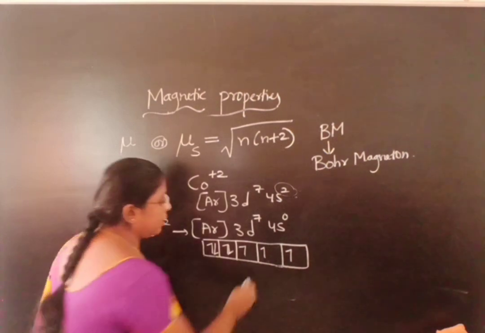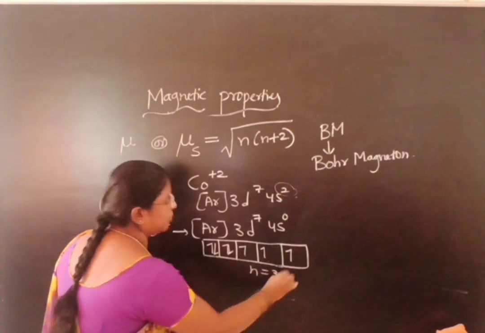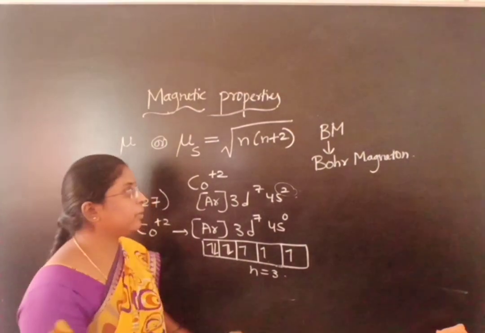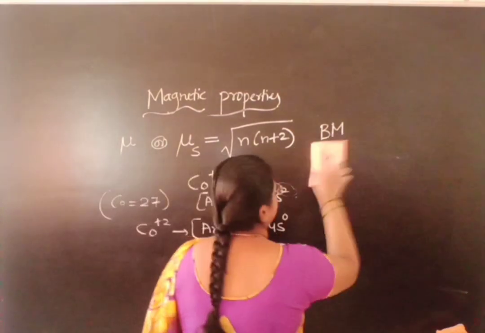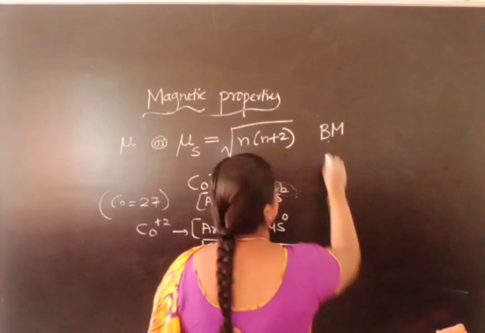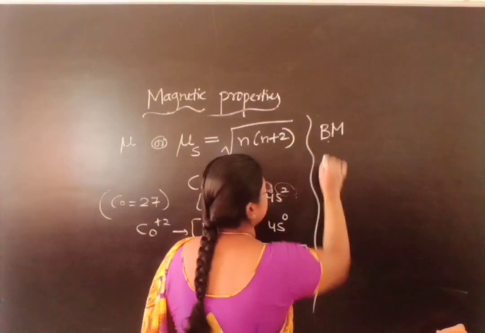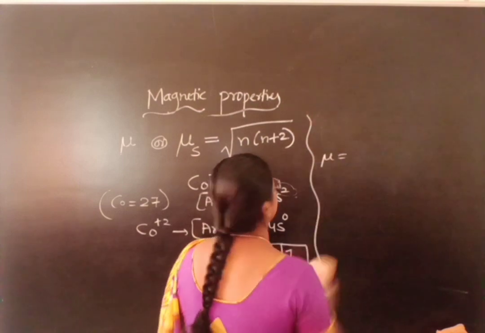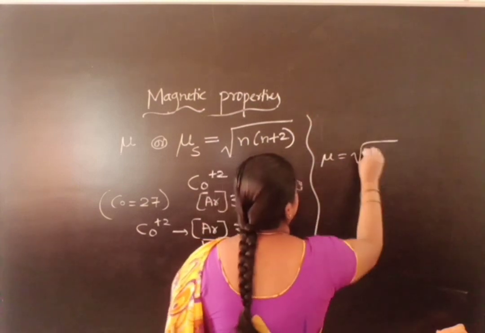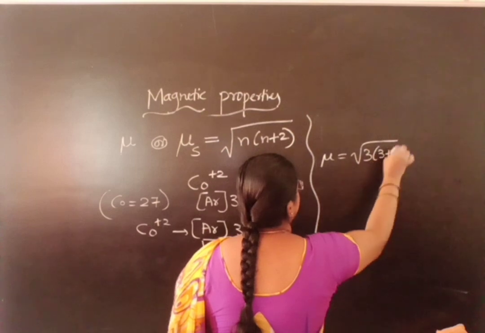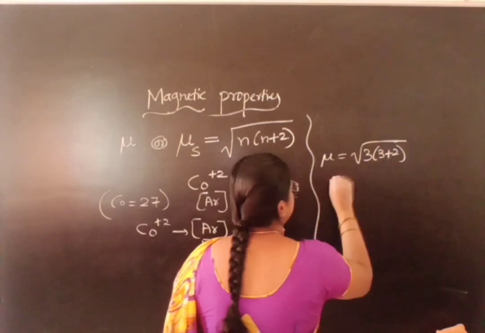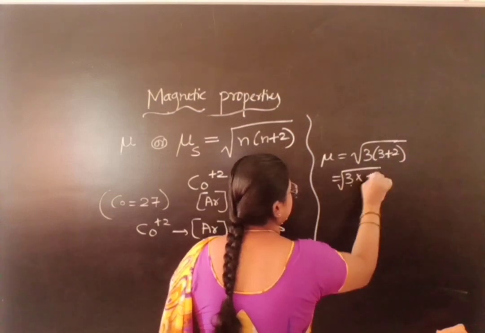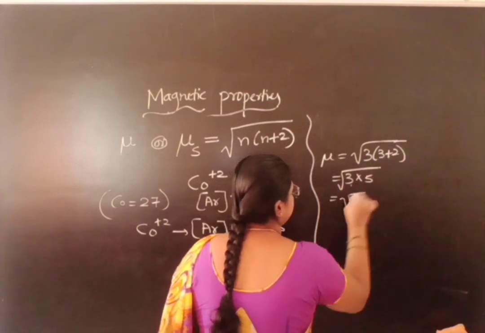N is equal to 3, and we have to substitute in the formula. Mu is equal to root of 3 into 3 plus 2, which is root of 3 into 5, that is 3 5 is 15.